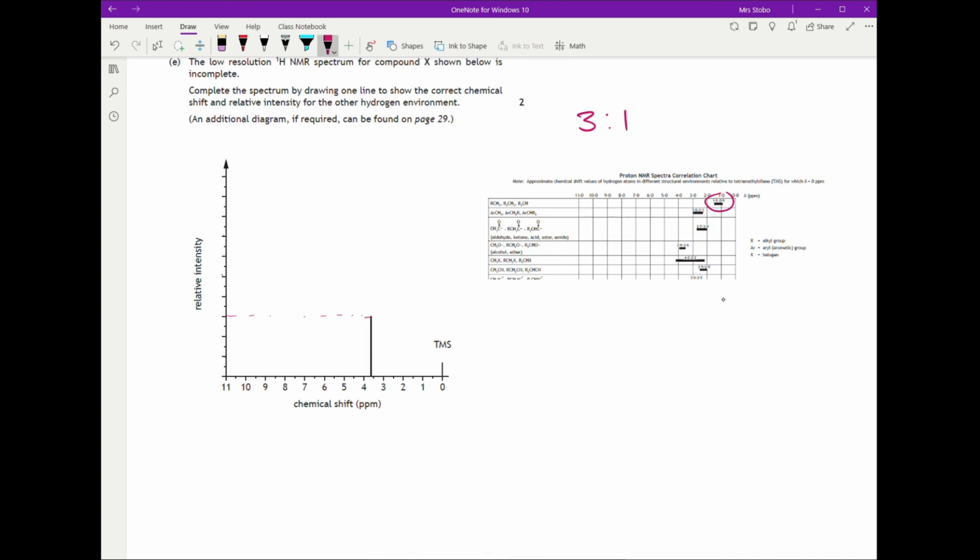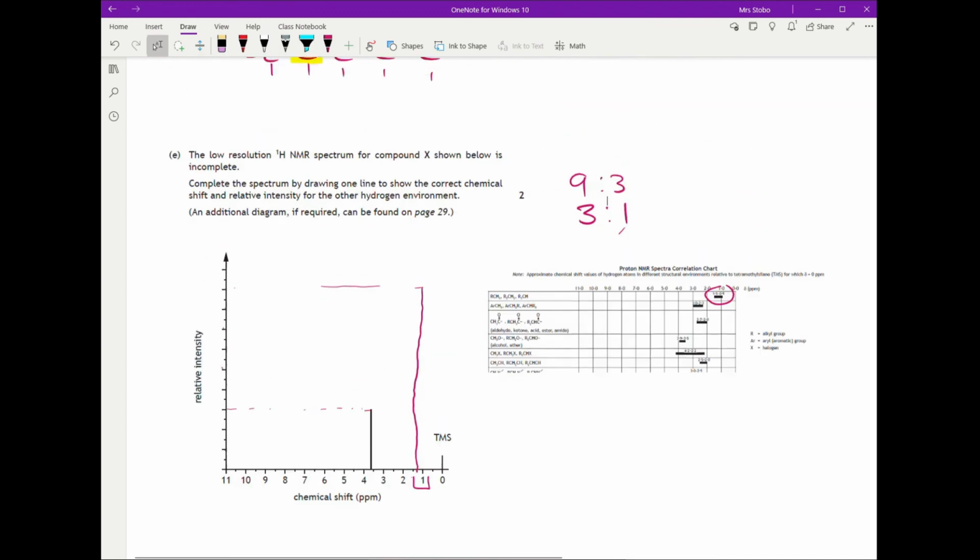So up here, we want a line anywhere between 1.5 and 0.9. There's no way this is going to be straight when I do it, so it's a very wobbly line, but you do get a perfectly straight one. Intensity 9 for it to fit. Yeah, as I say, that's actually 9-to-3. And that's it.